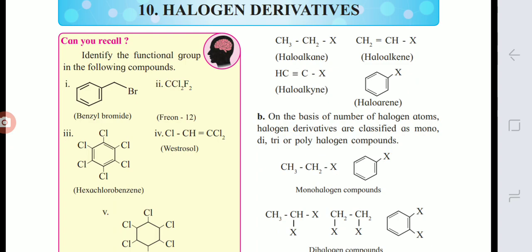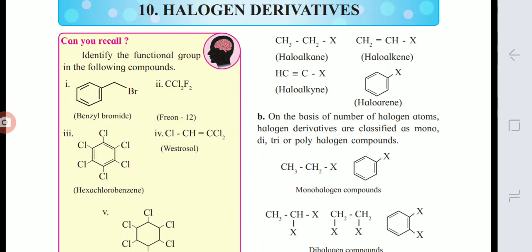Third, if your parent compound is CH≡CH, that is acetylene, and if you replace one hydrogen from a carbon of the triple bond by a halogen, then your compound name is haloacetylene, specifically the IUPAC name becomes haloethyne and the class becomes haloalkyne.